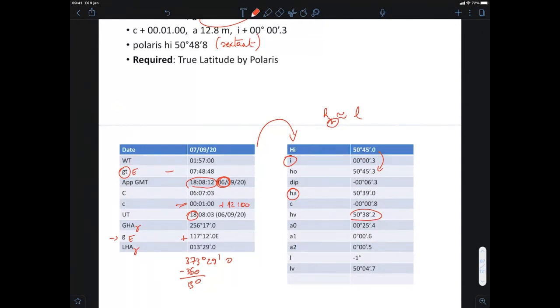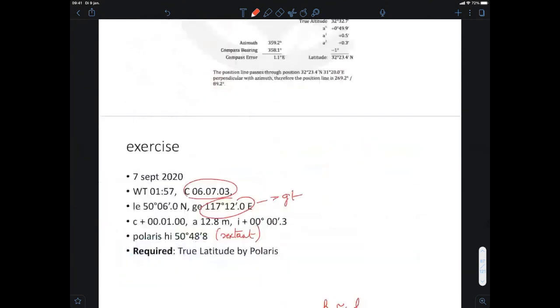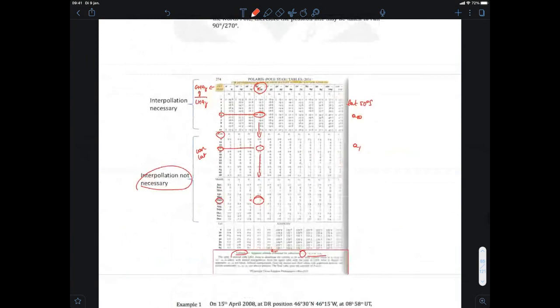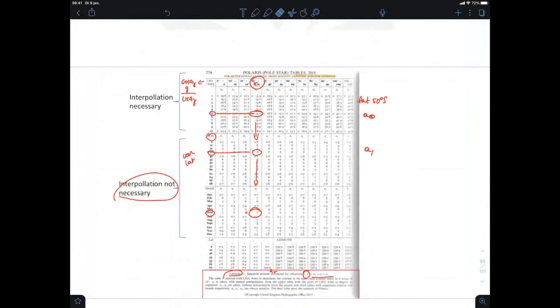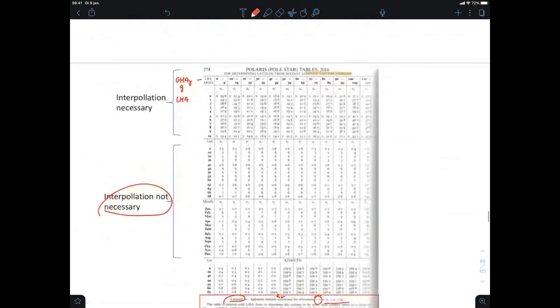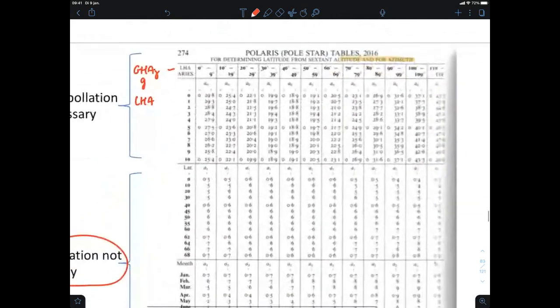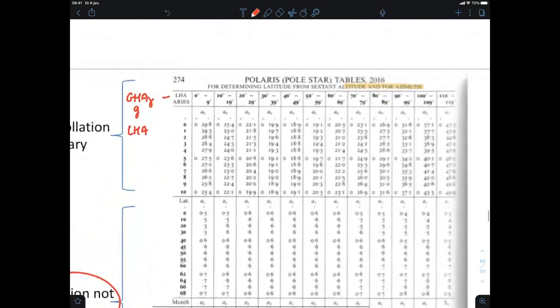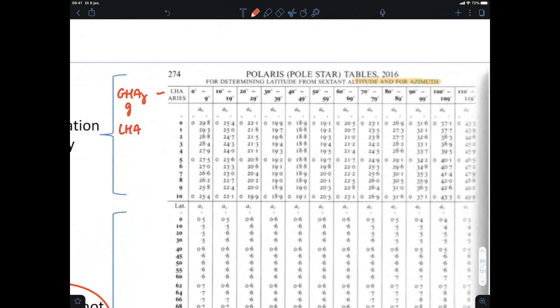And then we go to our Polaris correction table with our LHA, which is 13 degrees. I'll try to find the correction table again. So our LHA is 13 degrees. What was it? 13 degrees something? 29. So that's easy for the interpolation. So we find here the table 10 up to 19.